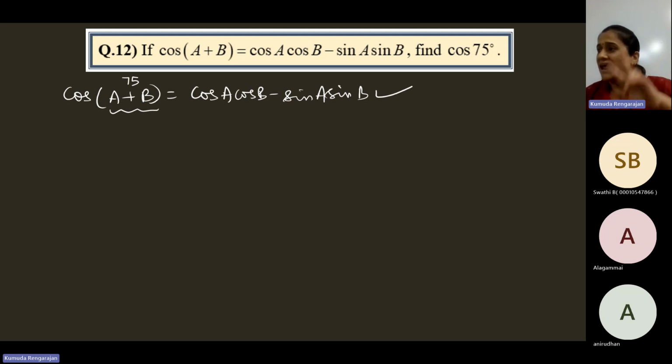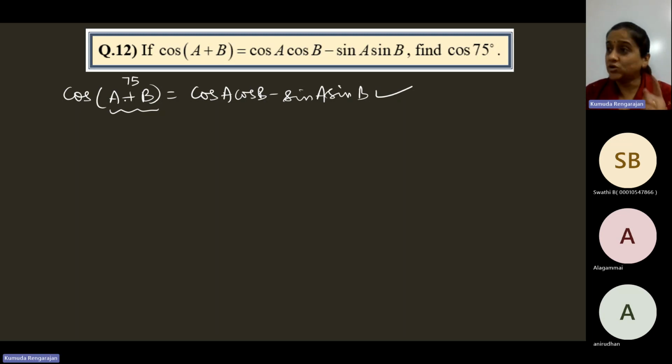So tell me two standard angles whose sum will be 75. 30 and 45, correct. A can be 45 and B 30, or A 30 and B 45. Both will give you the same result.